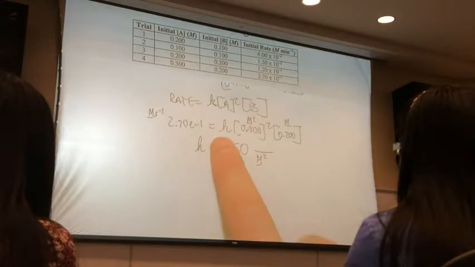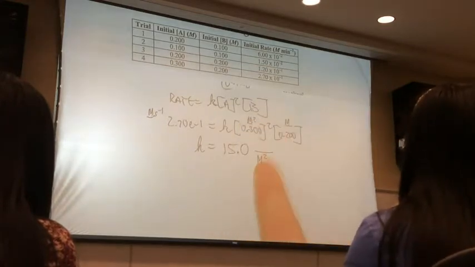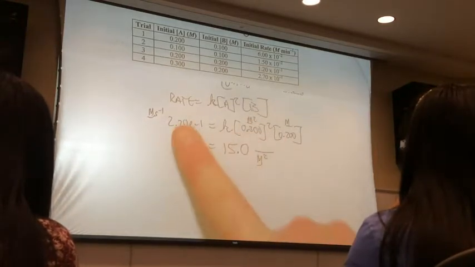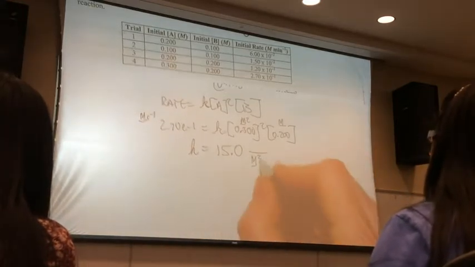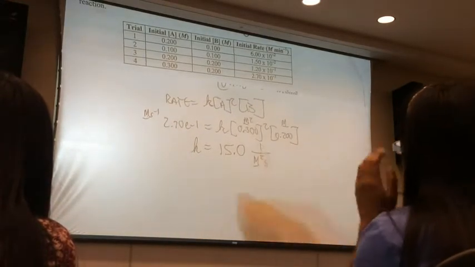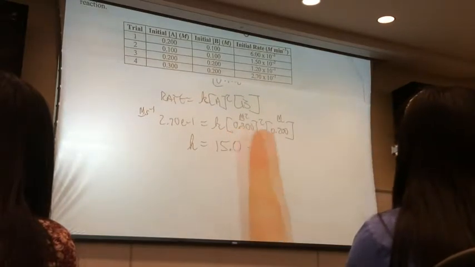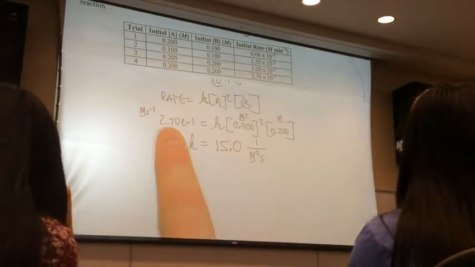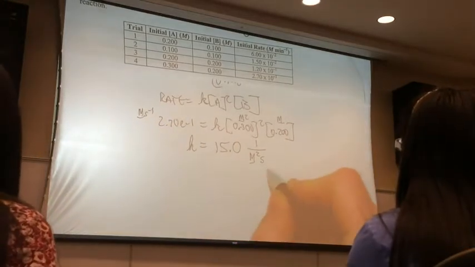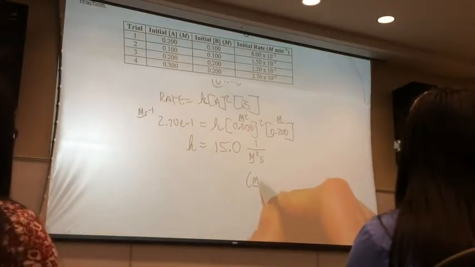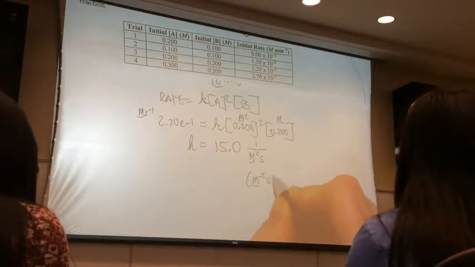If I have molar squared here, molar cubed divided by molar squared will give me molar on the left side. And then you'll always need to put seconds in the denominator because these don't have time, and the units on your rate is always molar per second. So that unit there is the same as saying molar negative 2 seconds minus 1.